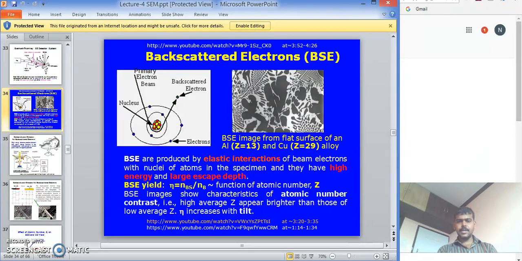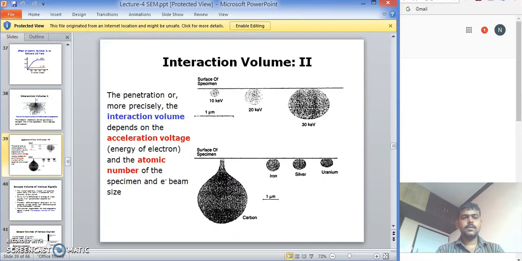Eta increases with the tilt. The interaction volume of electrons with the surface of the specimen depends on the acceleration voltage, that is energy of electrons, and the atomic number of the specimen and electron beam size.